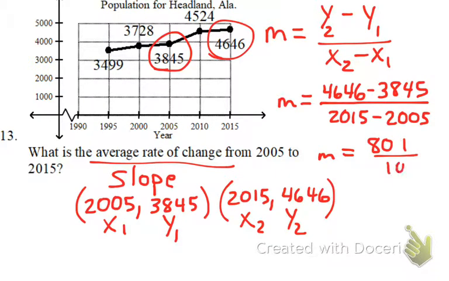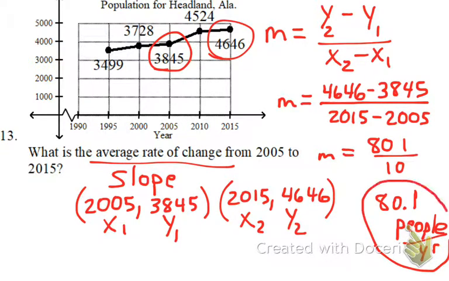Subtract on the bottom, you get 10. Divide that, 80.1 people per year, or you could say population per year. That's the average rate of change. So, City of Headland grew at an average rate of 80.1 people per year from 2005 to 2015.